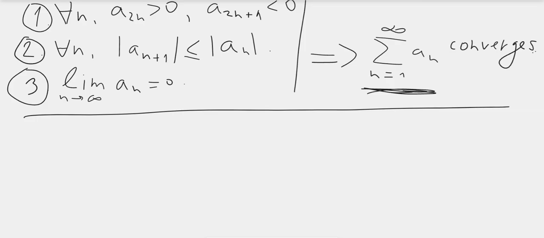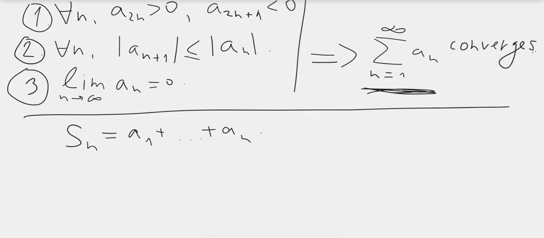So let's say that Sn is a partial sum. So it's a1 plus a2 plus and so on plus an. So we denote this partial sum by Sn.